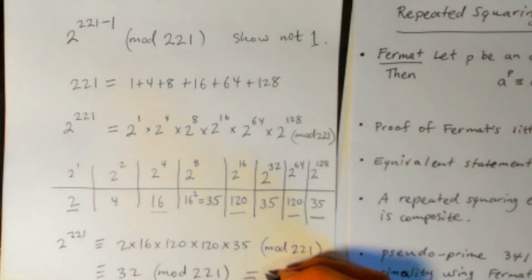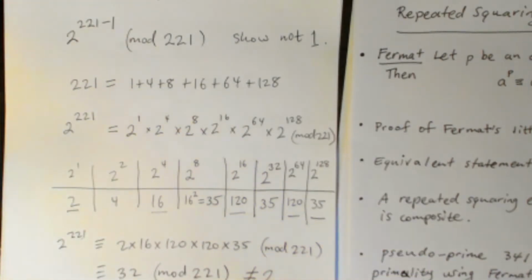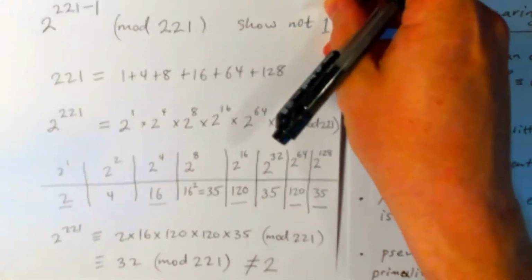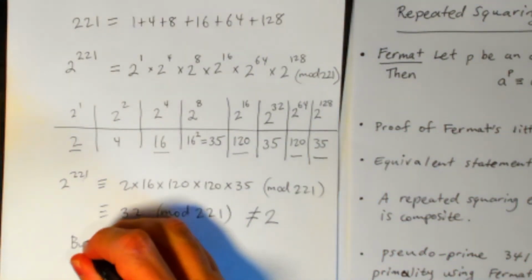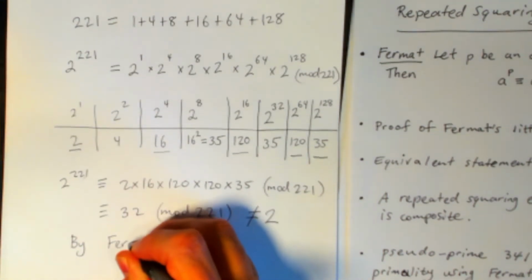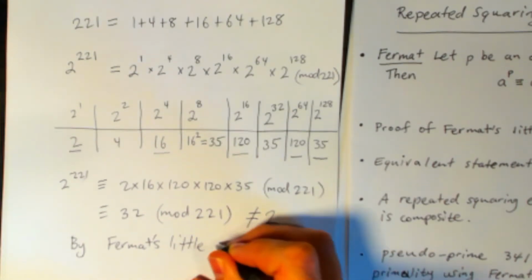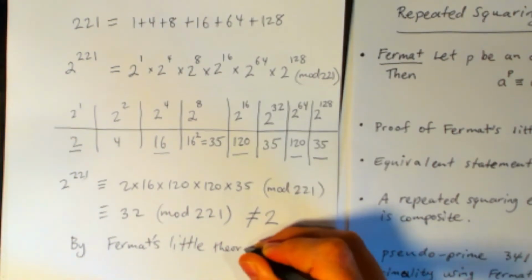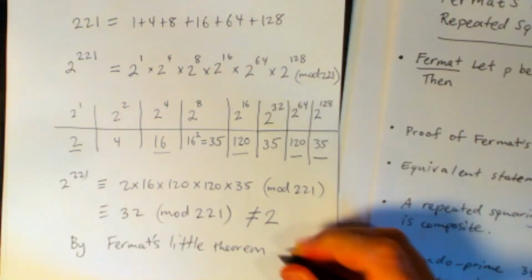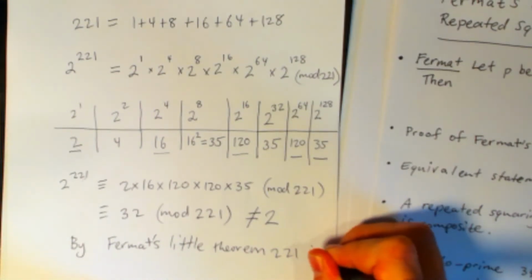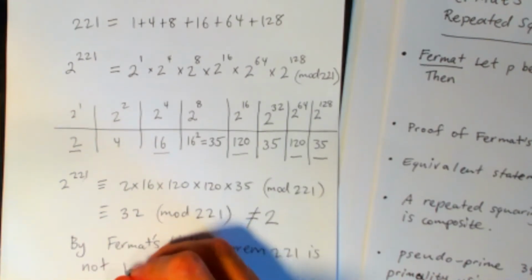So we'll just say that this is not 2, and hence by Fermat's little theorem, 221 is not prime.